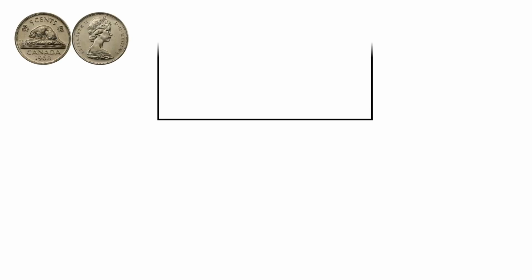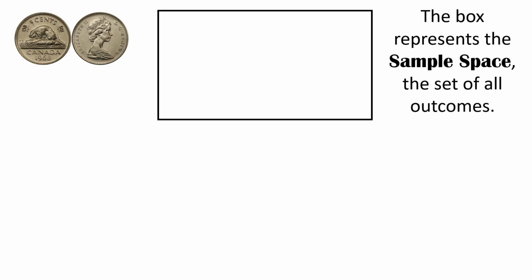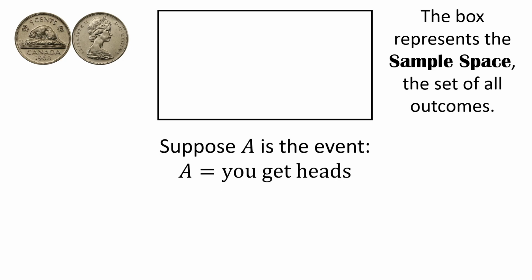So going back to the coin example, here I'm drawing a box. This box represents the sample space, which is again the set of all possible outcomes. So suppose A is the event, you get heads.